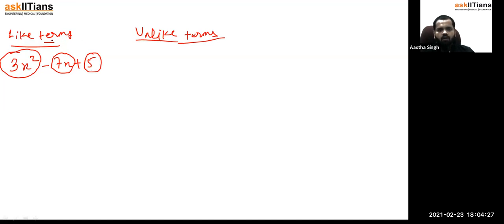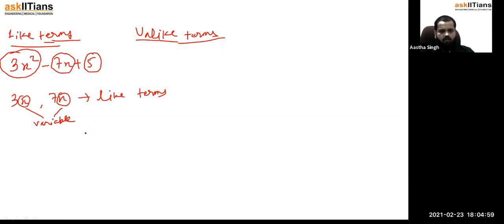Now we are talking about like terms. Like terms are terms like 3x and 7x, suppose. These are like terms because the variables are the same, and it does not depend on the coefficients of the variable.